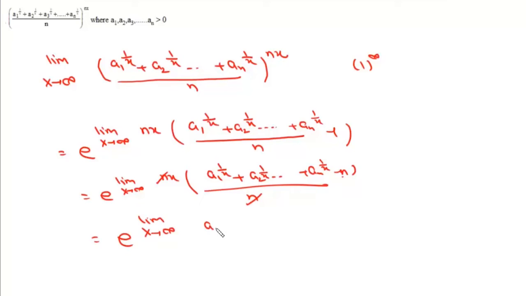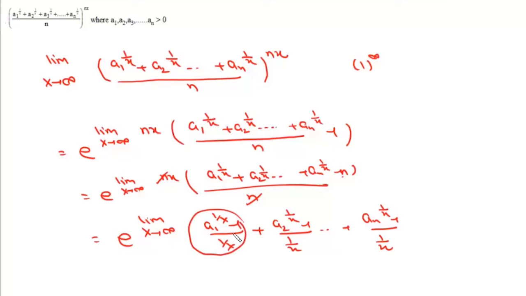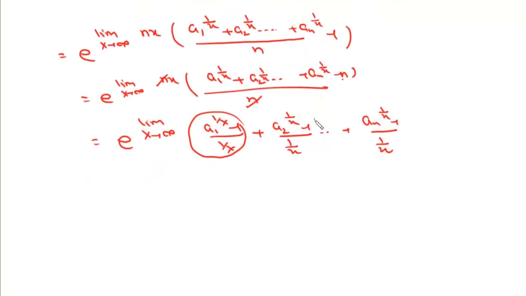So it will be e to the power limit x tends to infinity of (a1 to the power 1/x minus 1) upon 1/x plus (a2 to the power 1/x minus 1) upon 1/x and up to (an to the power 1/x minus 1) upon 1/x. Now this is a standard limit. It will be log a1. Next one will be log a2 and log an.